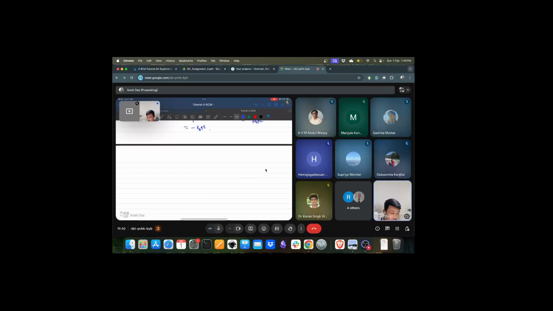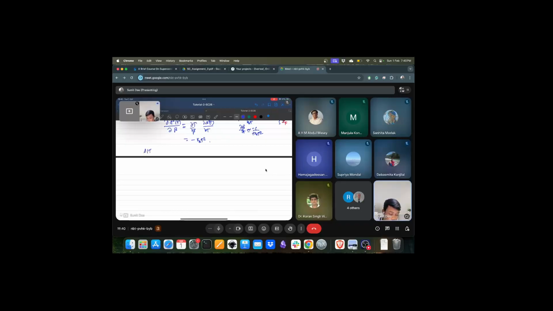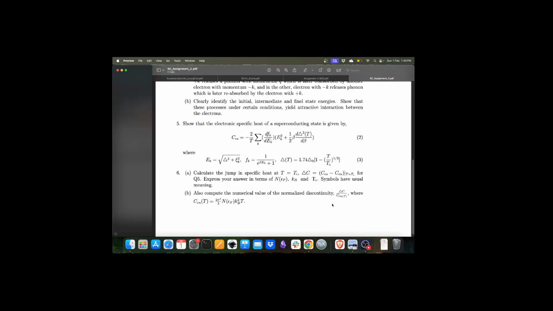Our delta expression was delta of T equal to 1.74 delta_0 times the root of 1 minus T by T_c, so delta squared is 1.74 squared delta_0 squared times 1 minus T by T_c.